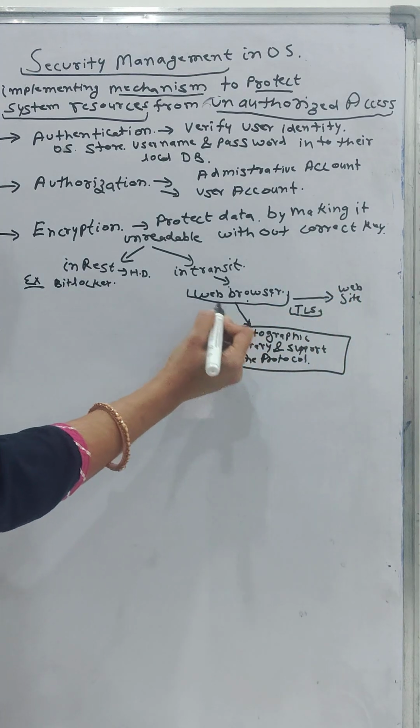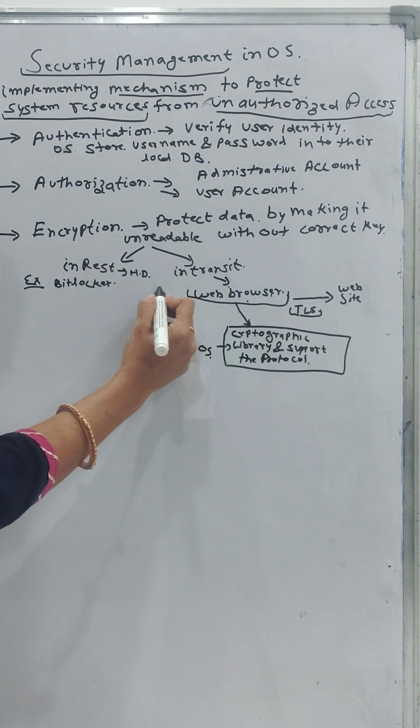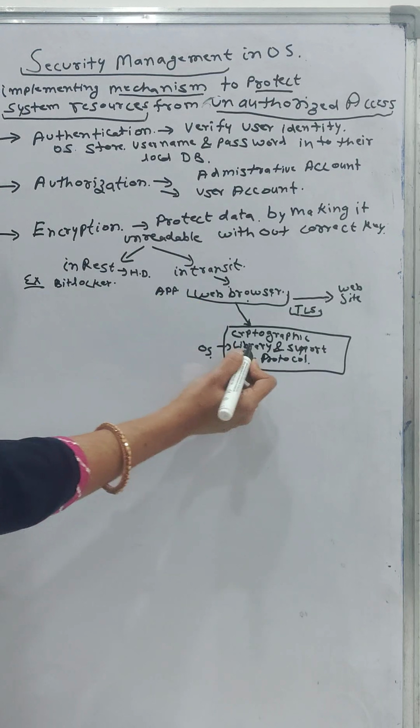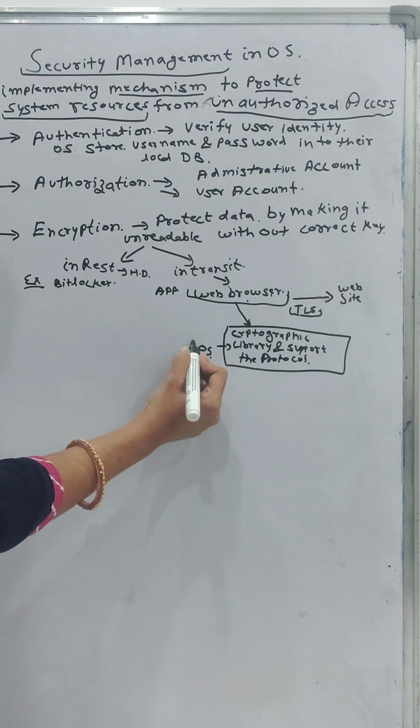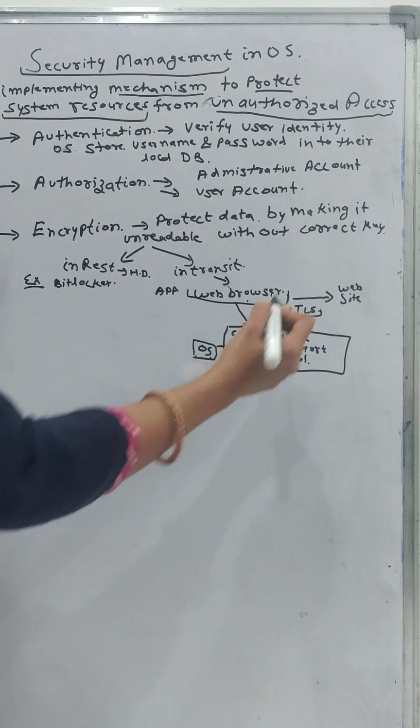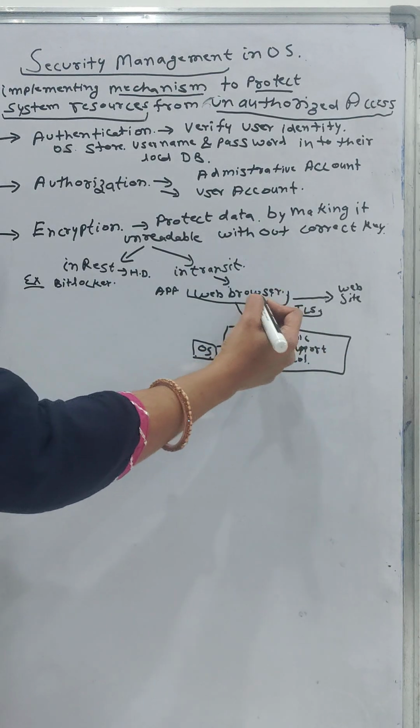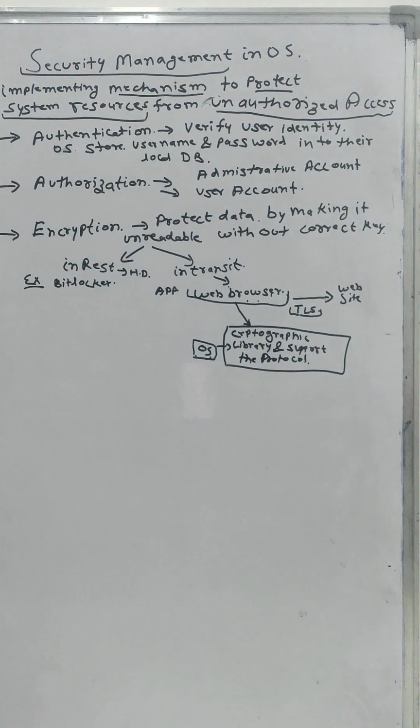So this was encryption at rest and in transit.